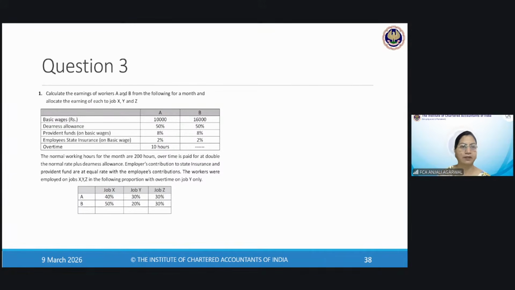Now here, calculate the earnings of worker A and B. So remember one thing, when you have two workers A and B, what do they get? They get their normal basic pay, plus they get some dearness allowance, maybe they get bonus, and then there are some statutory contributions like ESI, Employee State Insurance contribution, which is made by the employer.